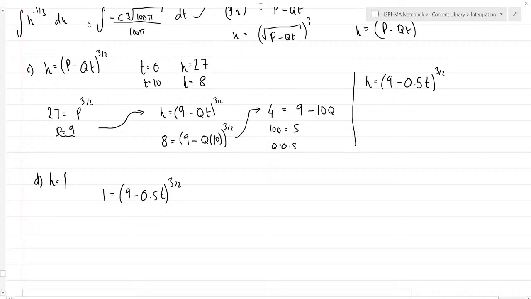So this is going to be 1 is equal to 9 minus 0.5t. Take that over, bring it back. 8 is equal to 0.5t. So t is equal to 16, is it? 16 minutes, because that's all. Yeah, everybody right with that?